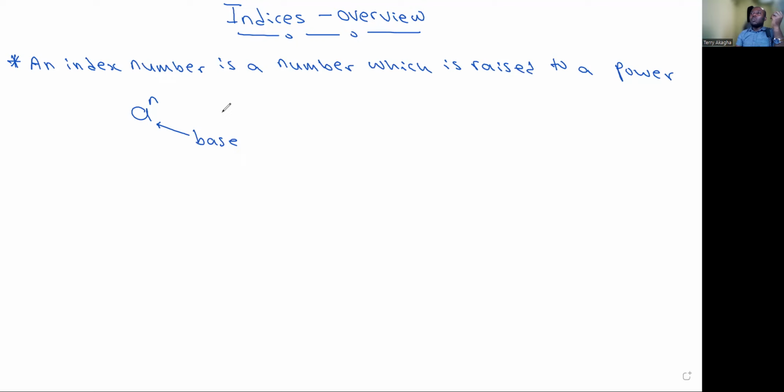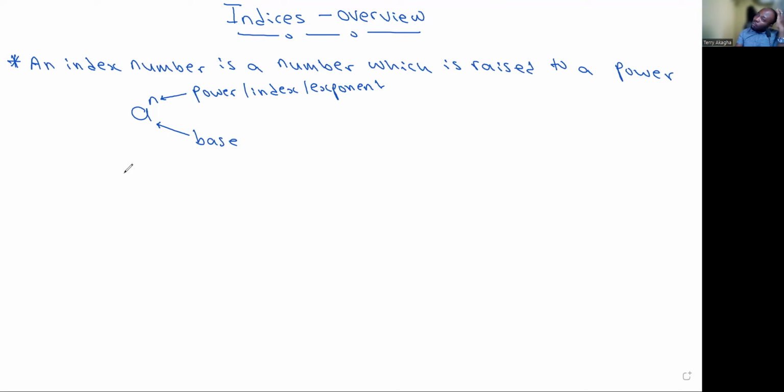You can check some textbooks that will say it is the base raised to the power, some call it a raised to an index, some call it the base raised to an exponent. Depending on what you have, it determines the name. For this one, let's just say power, all right? Like I said, some textbooks call it an index, some call it an exponent.